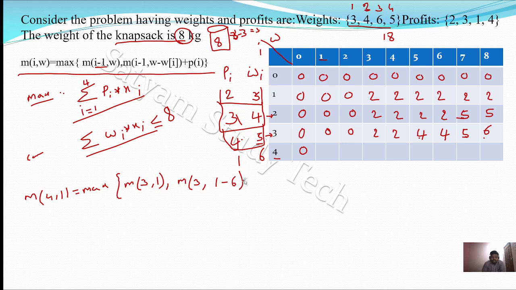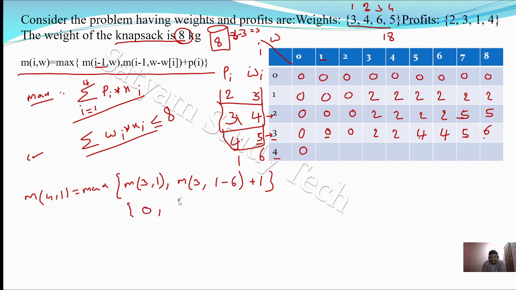You can note down the 6 here, plus p of i. The p of 4 you can get as the profit 1, so you can take the 1 here. So m of (3, 1), third row first column, the value is 0, so here it is 0.